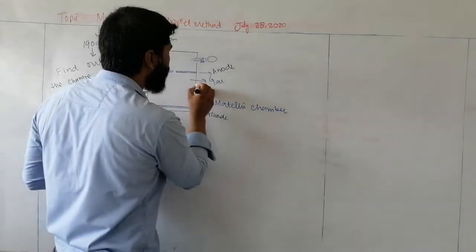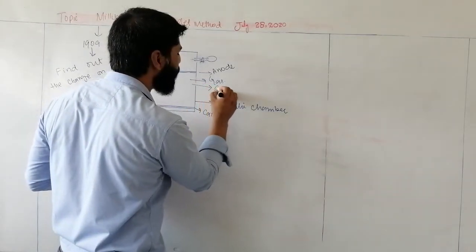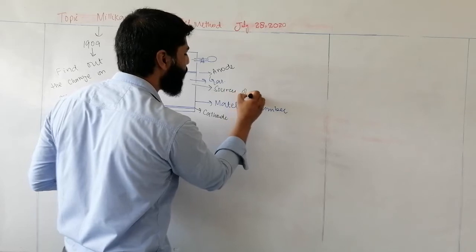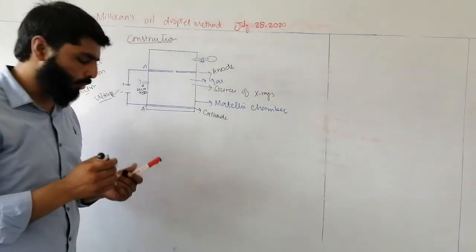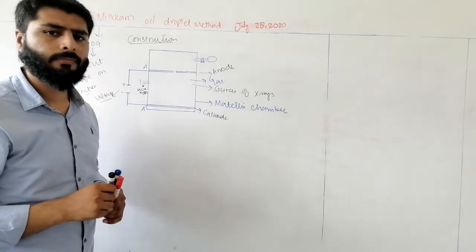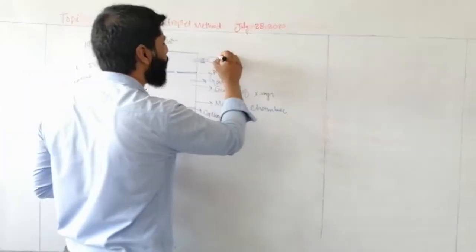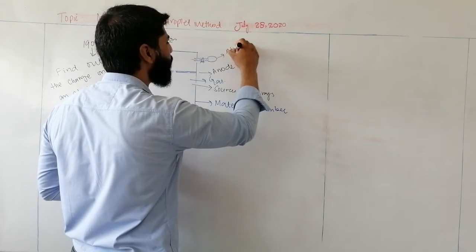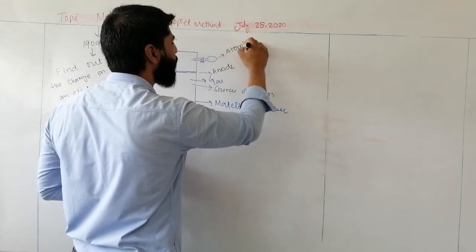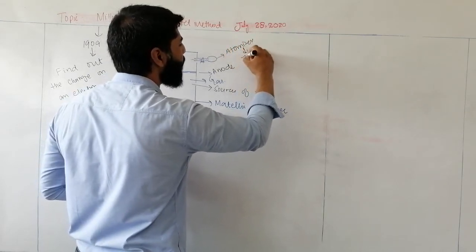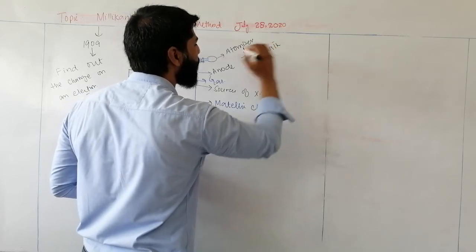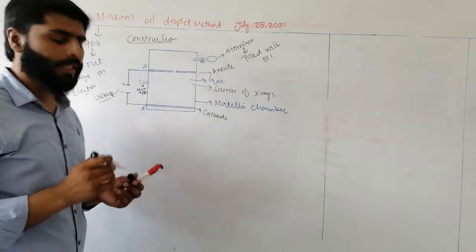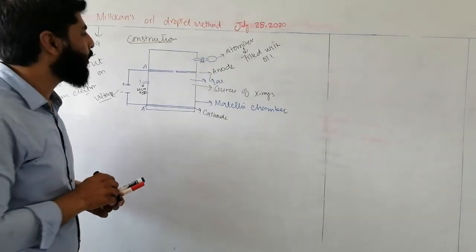There was a window from which a source of X-rays was also provided, and there was an atomizer filled with oil. That's why it is known as the oil droplet experiment.